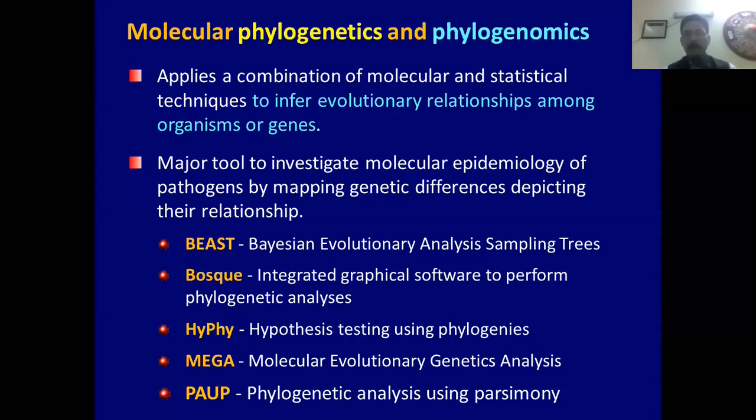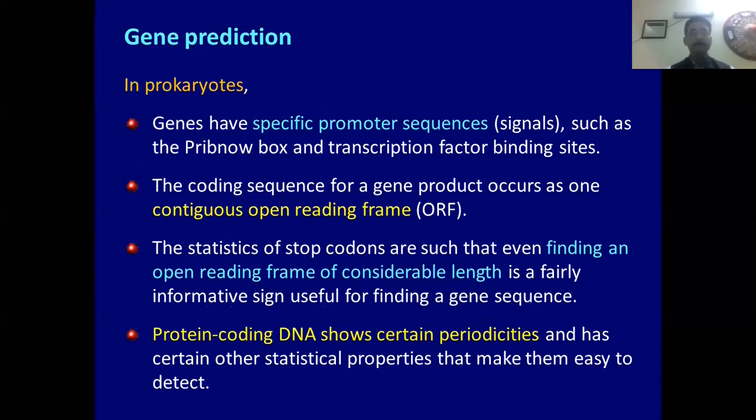MEGA version 10 has become very popular among students as well as molecular biologists today, because it is freely accessible and downloadable from the website, and you can use it very effectively for analysis of data for drawing phylogenetic trees. Phylogenetic trees drawn with the MEGA 10 software are also acceptable to most of the high-rated journals of the world. So MEGA is very popular nowadays among molecular biologists for phylogenetic analysis.